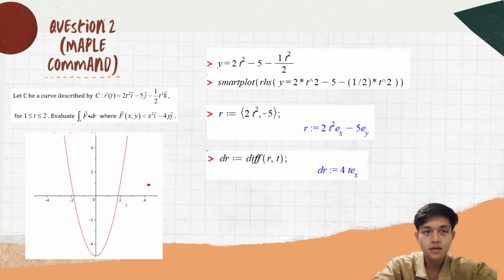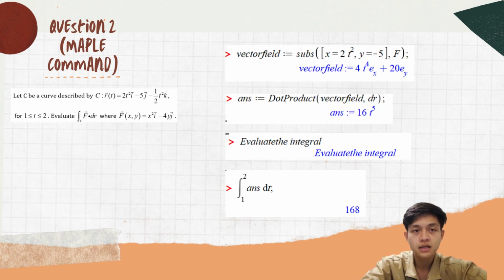Then, we need to parameterize the equation and we get the output which is 2t squared e_x minus 5 e_y. Next, we find the derivative of the parameterized equation using the diff command and the output is 4t e_x. Then, substitute all the values we get from the parameterization into the equation of the vector field and perform the dot product in Maple using the dot product command on the vector field and dr, and we will get the answer. And lastly, we will evaluate the answer and we get the final answer in the output which is 168.